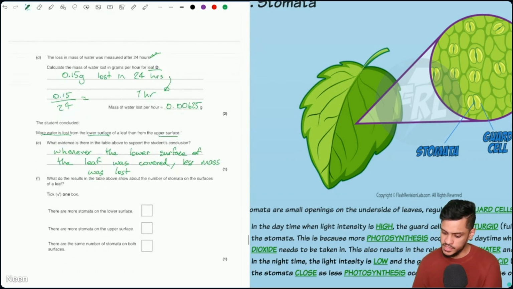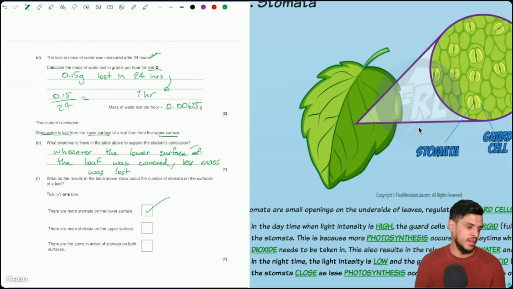So what did the results in the table above show about the number of stomata on the surfaces of the leaf? So whenever the lower surface was covered, less water was lost. So that means the lower surface must have more stomata. And it's true. You have much more stomata at the bottom. The reason why is because the plant doesn't want to lose too much water.